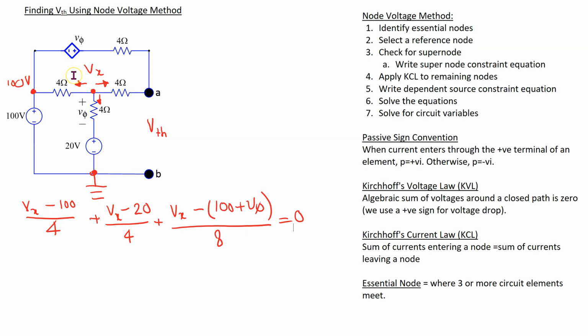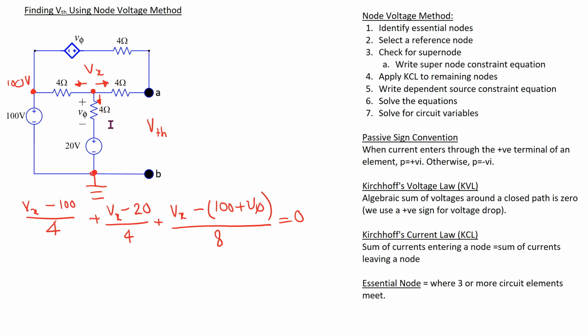We have one dependent source, so we need to write the dependent source constraint equation, and that means expressing Vφ in terms of node voltage Vx. We can see here that Vφ and 20 volt drop add up to Vx if we go along this branch.